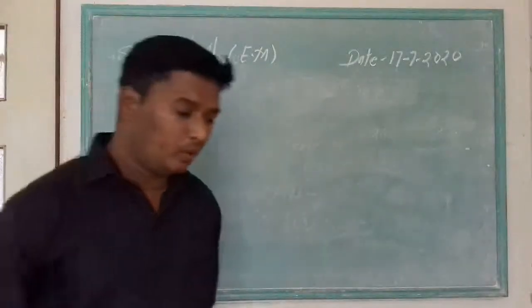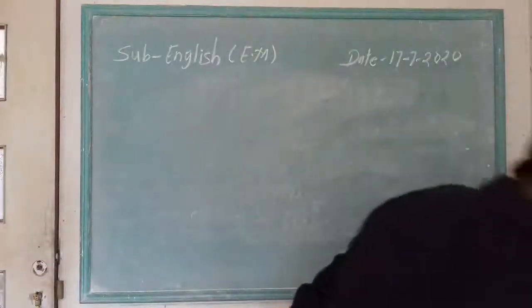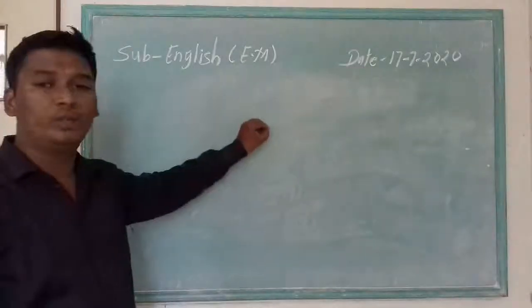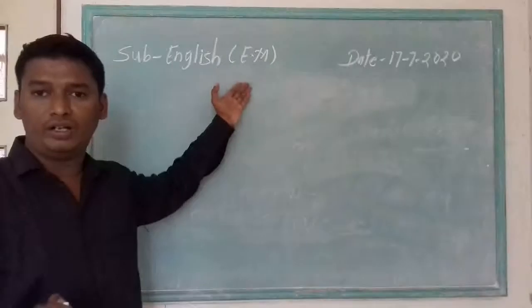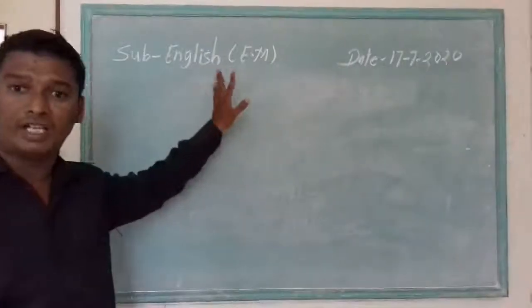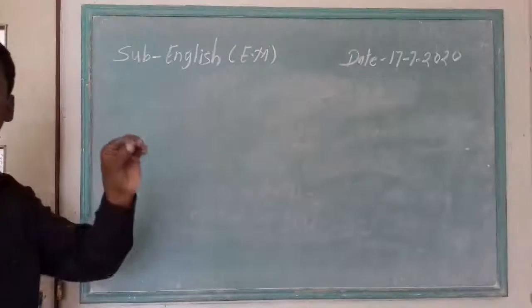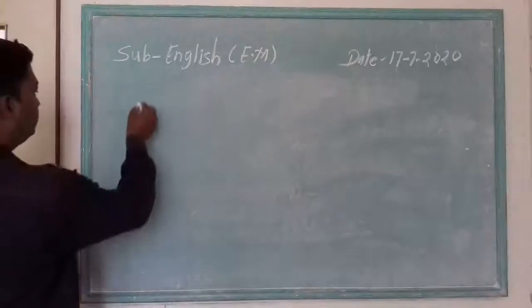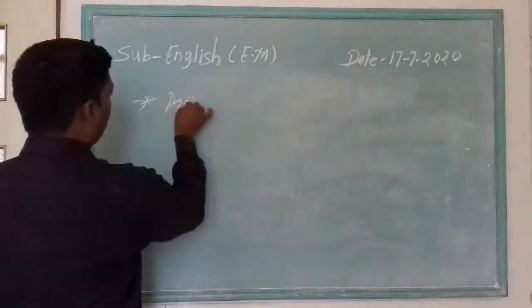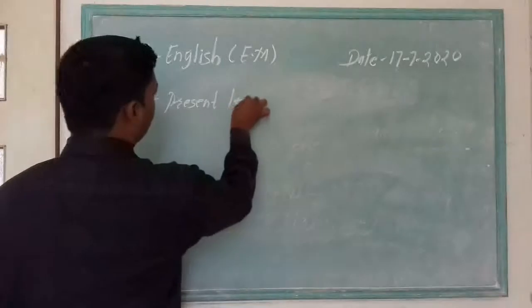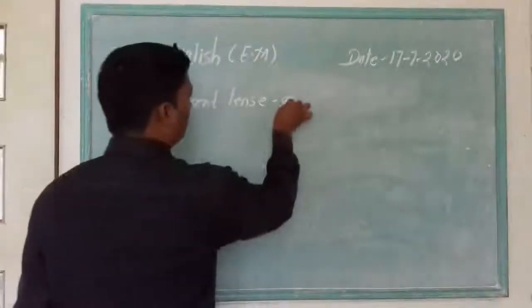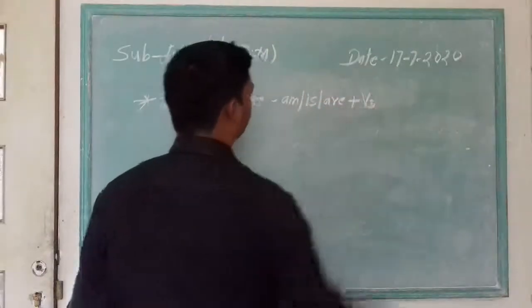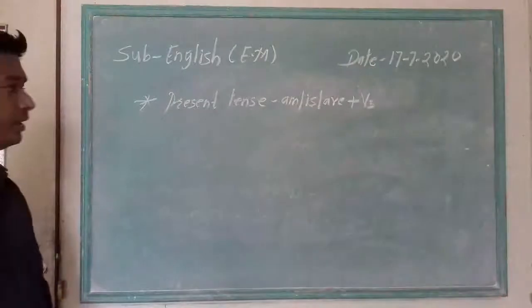Now look, after this rule, with a red pen you have to write auxiliary verbs according to tense, which I am writing on the blackboard. By star mark, one after another you have to write. What are the auxiliary verbs of different tenses which we have to use in passive voice? Present tense: am, is or are plus V3.